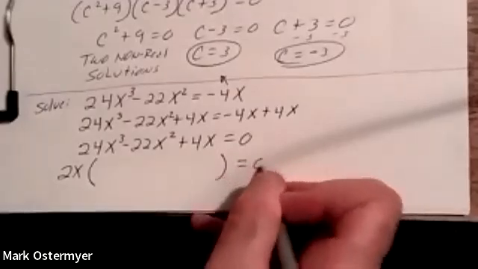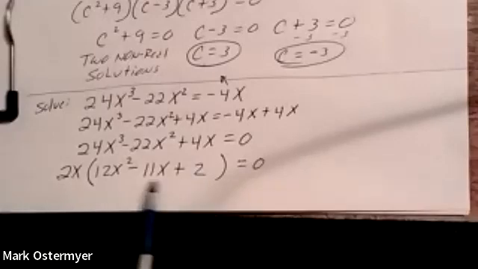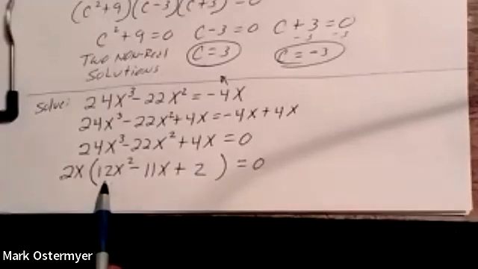What do we leave behind? 12x squared minus 11x plus 2. Now we have the unenviable task of trying to factor a difficult type of trinomial, one that's probably going to need grouping.